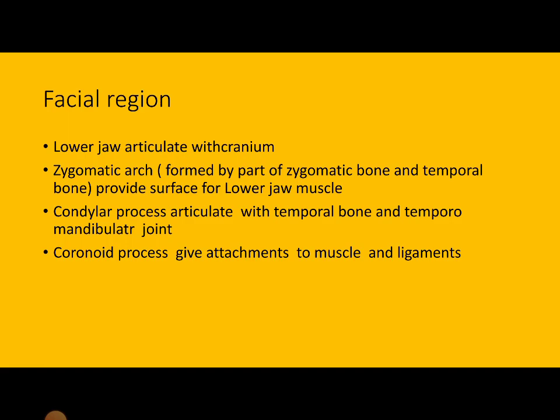Then the condylar process. The condylar process articulates with the temporal bone and forms the temporomandibular joint. This should be remembered. And the coronoid process gives attachment to the muscles and ligaments.